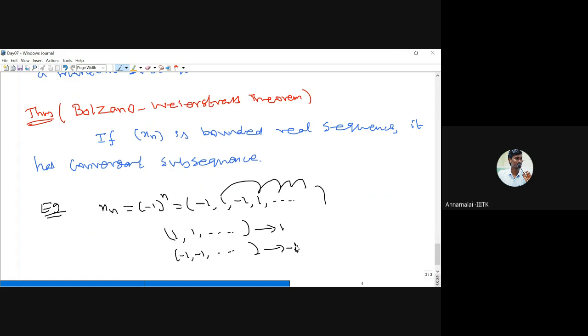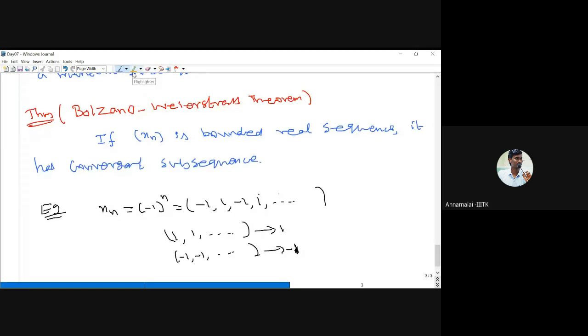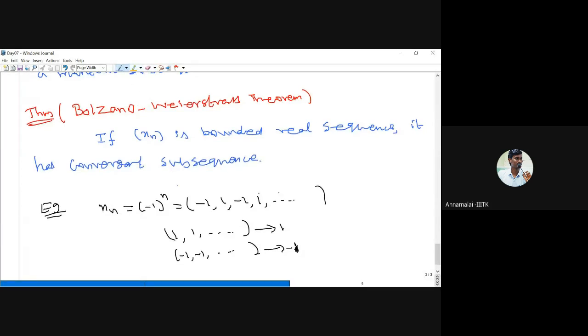We can find a convergent subsequence provided the sequence is bounded. That is the Bolzano-Weierstrass theorem, which has many applications. You have to remember the statement: every bounded real sequence has a convergent subsequence.